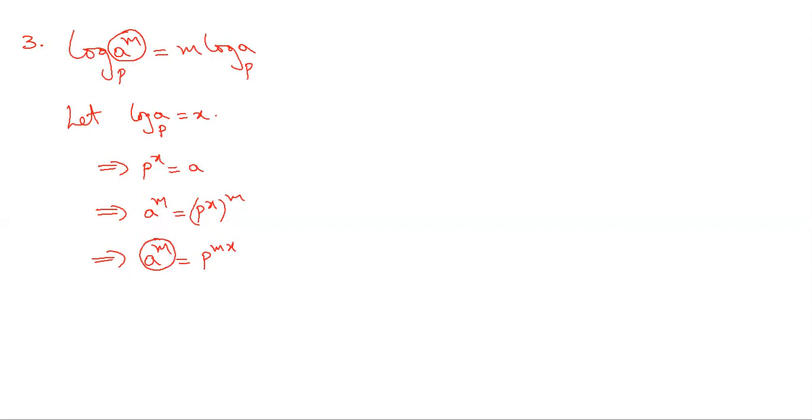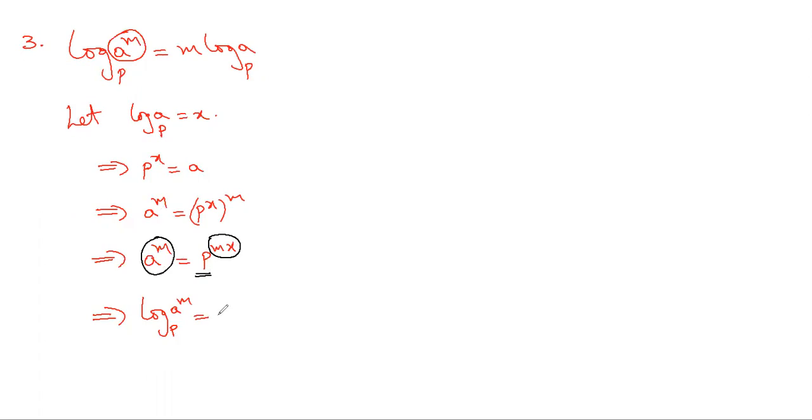I'll just write with a different color. So that a power m is one number, and this mx also has the power, and p as the base. You treat this as an exponential function and convert this into a logarithmic function. When you're converting it to a logarithmic function, write the base same, base p. The one which is away from the base is a power m, write it along with the base.